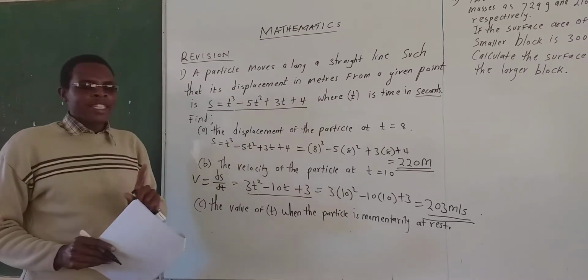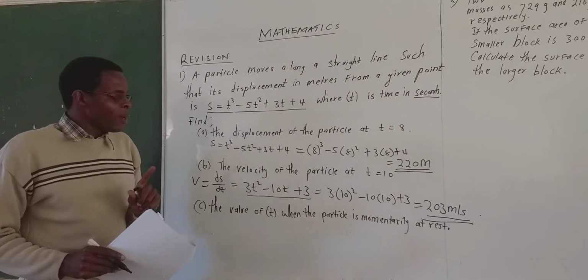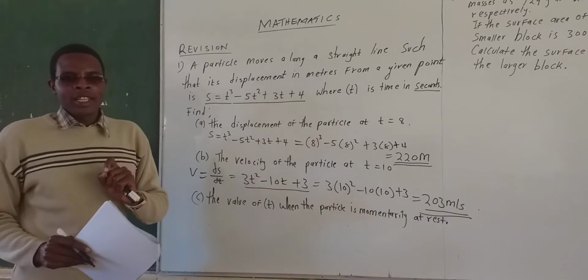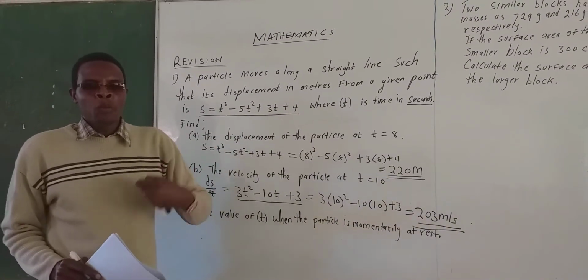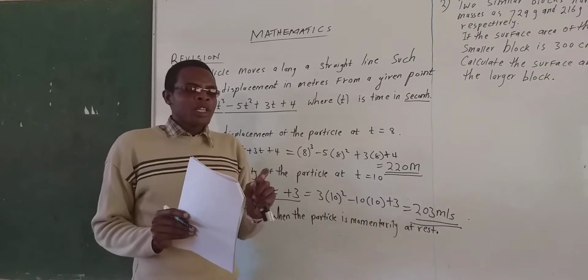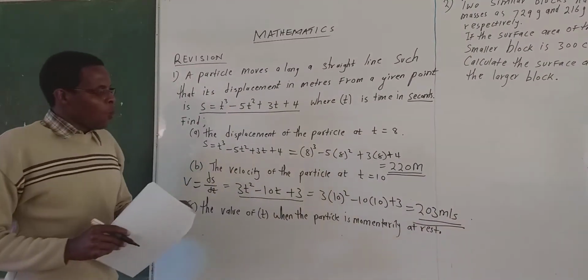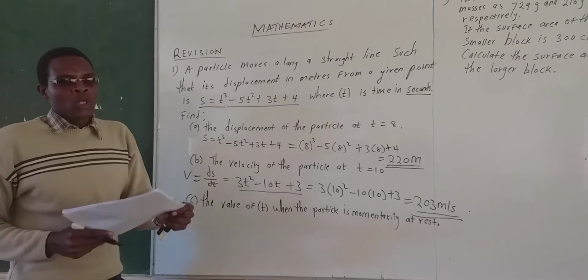So for us to find t, the time when the particle is momentarily at rest, we come and equate our velocity equation to 0, because a particle is momentarily at rest when velocity is equivalent to 0.